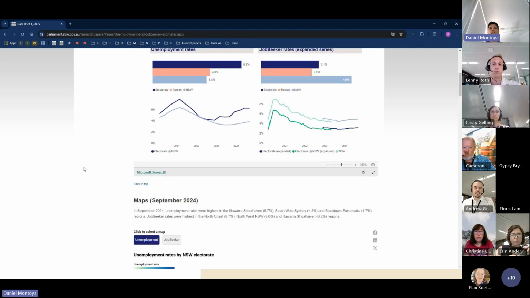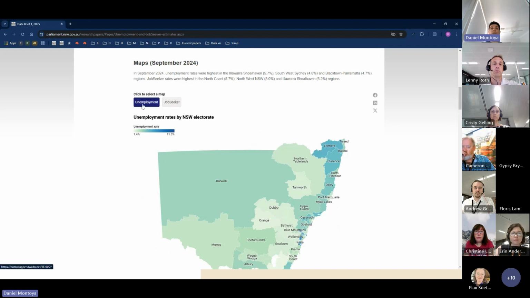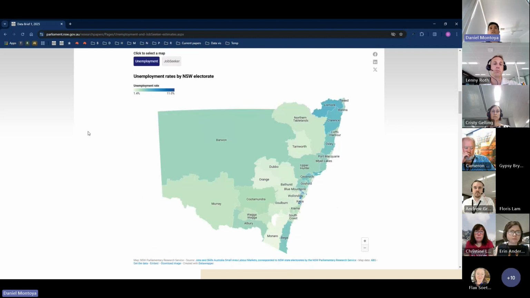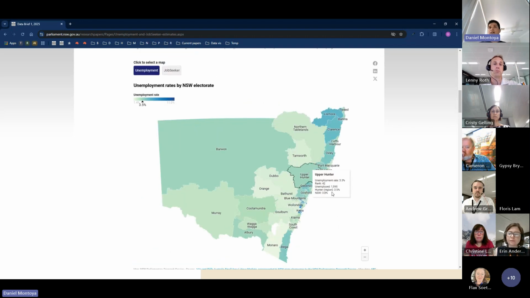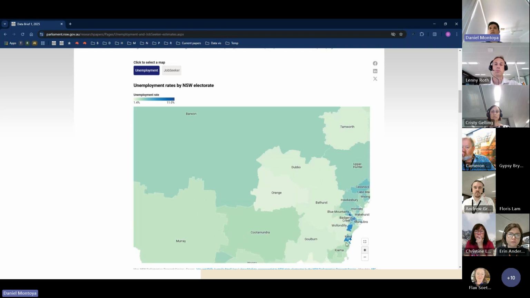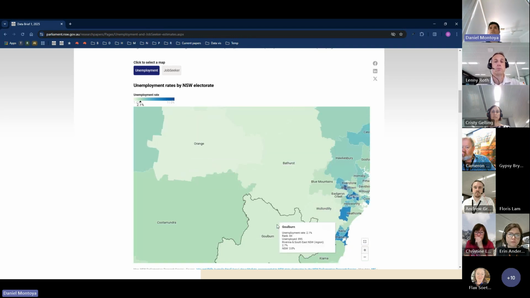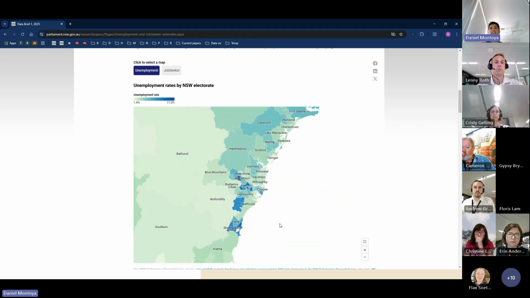The second tool is a set of interactive maps, one for unemployment data and one for job seeker data. This lets you compare the data between electorates and look at any regional trends. So if we zoom into Sydney, for example, you can see Western and Southwestern Sydney is where you get some of the highest unemployment rates anyway.